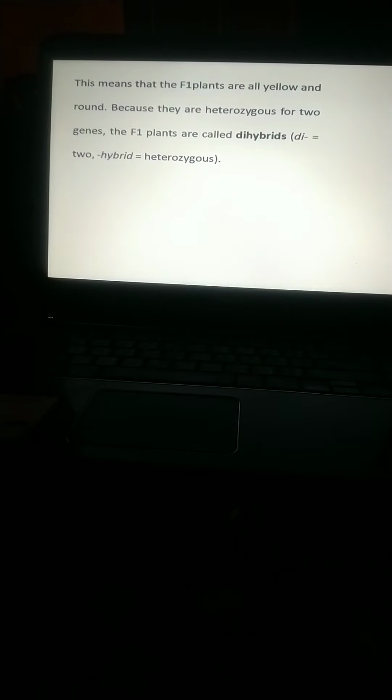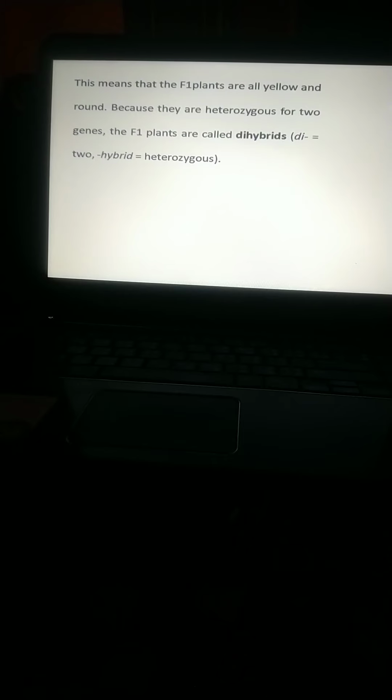The allele specifying yellow seed color is dominant to the allele specifying green seed color, and the allele specifying round shape is dominant to the allele specifying wrinkled shape, as shown by the capital and lowercase letters on this slide. This means that the F1 plants are all yellow and round because they are heterozygous for two genes.